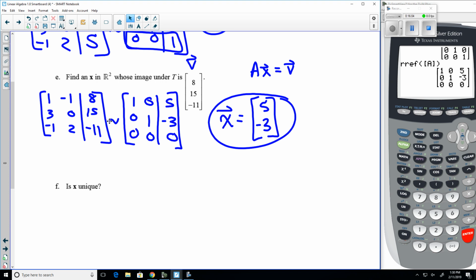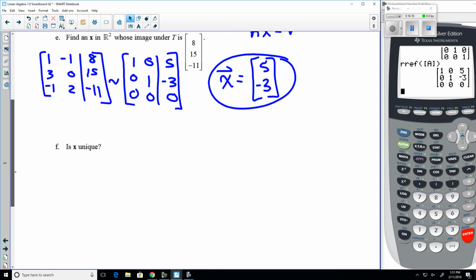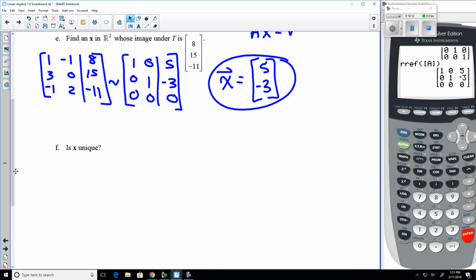But is x unique? Is there any other x that will work? When we solved this system, did we get infinitely many solutions or just one? We just got one.